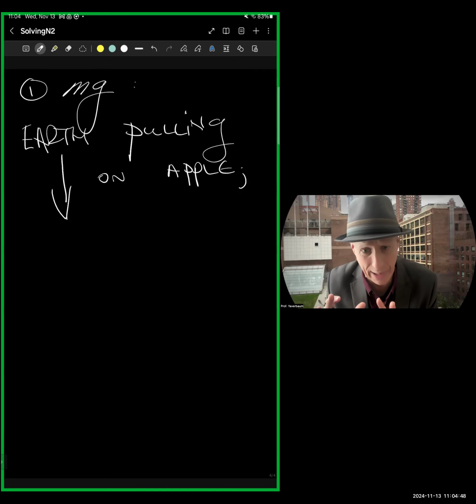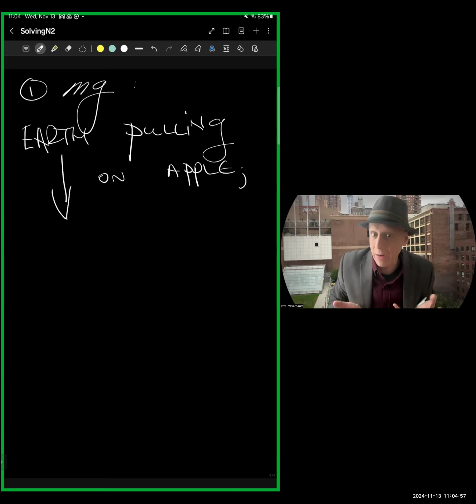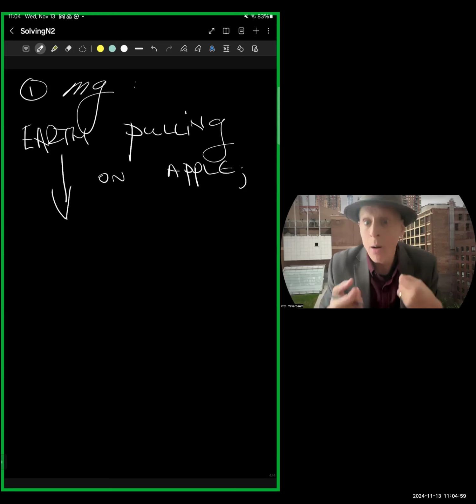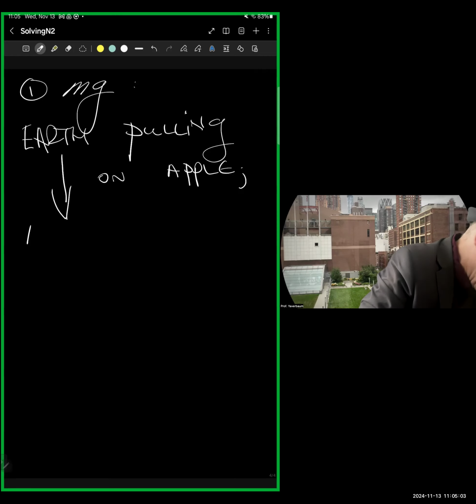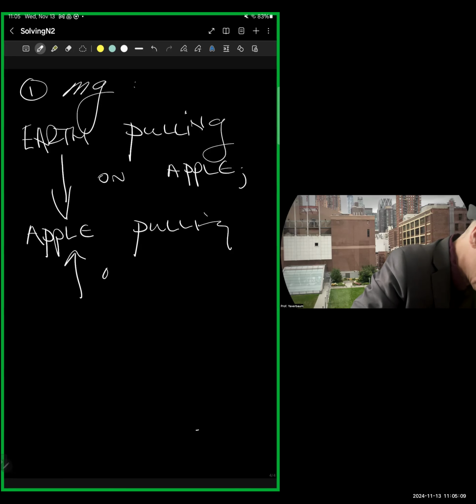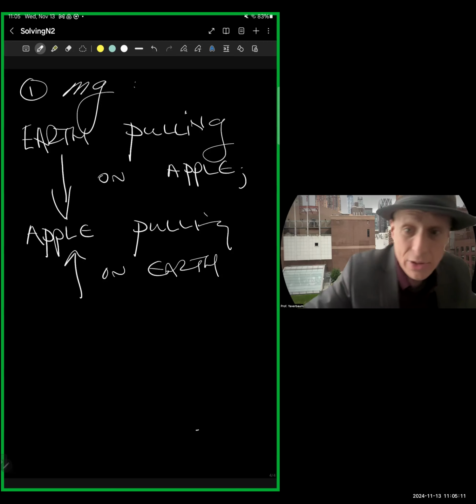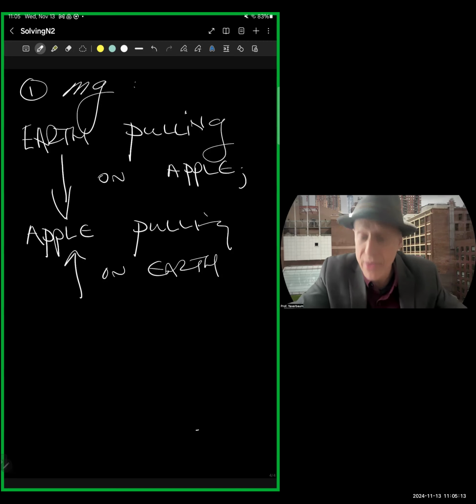That's what action reaction is trying to tell us, that if the Earth is pulling down on the apple, then the apple is pulling back up on the Earth. And that is true. That is the case.